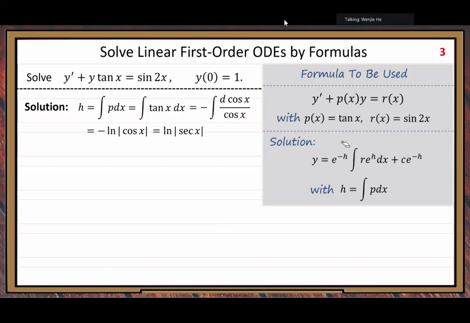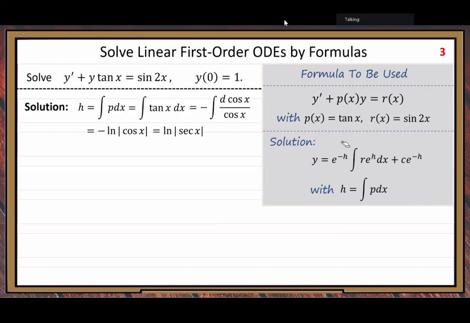When you use positive h, the secant form is better, because you can simplify quickly: e and natural log cancel out. So we keep both forms.